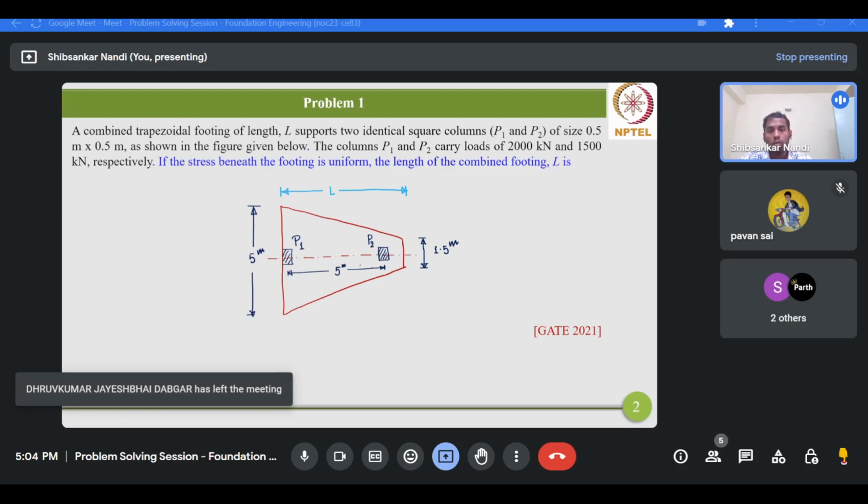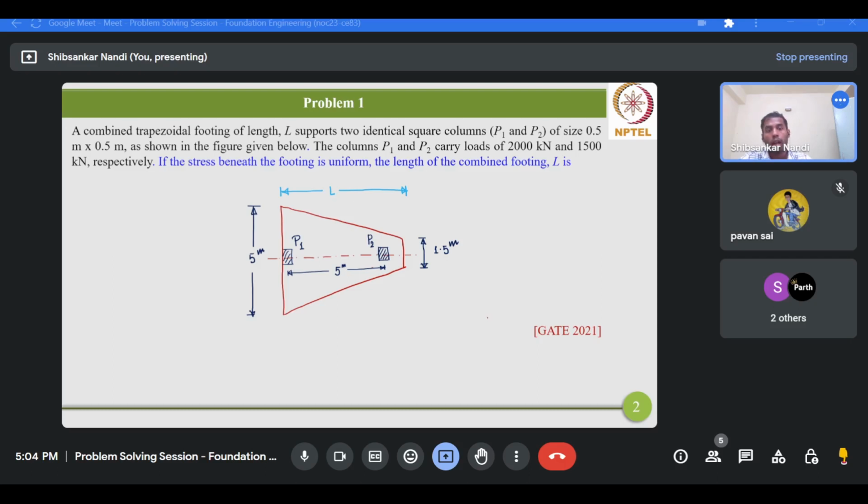So how can we ensure? We can ensure obviously by designing this L, but what should be the criteria before determining this L? And by imposing which condition can we approach to determine this dimension L?